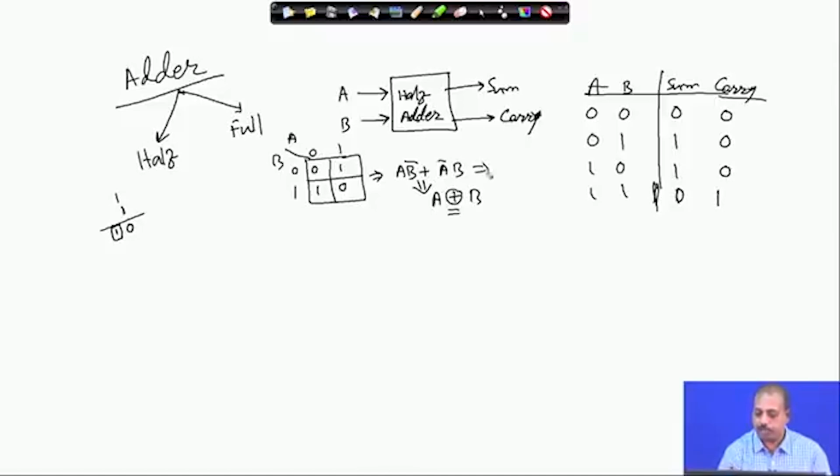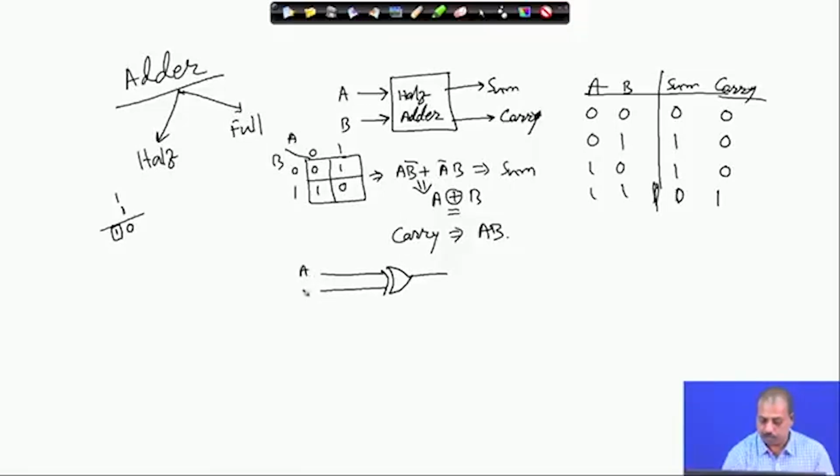So, this is the sum, and the carry part is nothing but A B. I can realize this half adder like this: there is one XOR gate where the A and B inputs are coming, and there is one AND gate where the A and B inputs will also be fed.